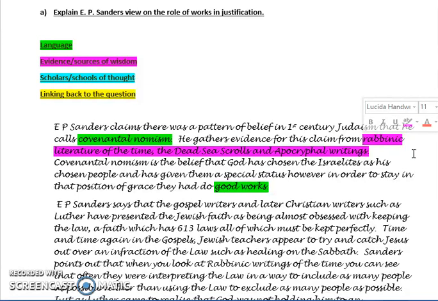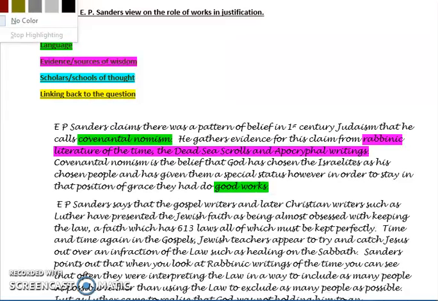So if you have a part B, that is a point to raise, that lots of scholars are critical of the methods that E P Sanders uses, because he is selective in his use of scripture or evidence rather, and he also goes to non-obvious sources of wisdom, so beyond the canonical Hebrew Bible or New Testament Bible, and that is a good evaluation point to make.